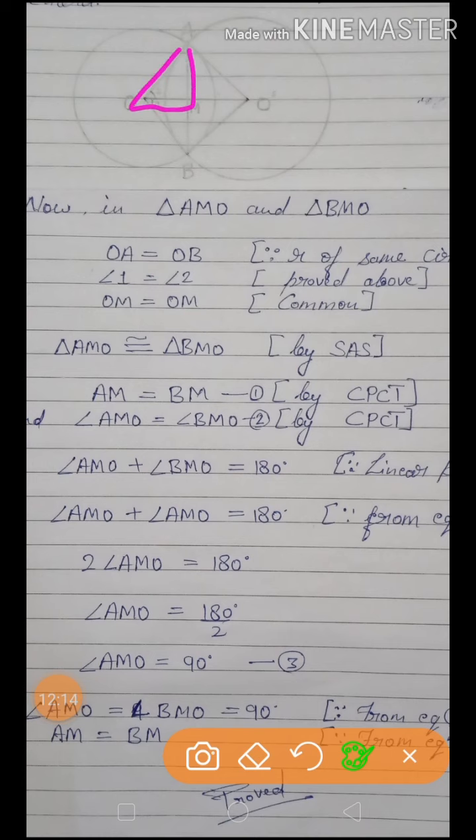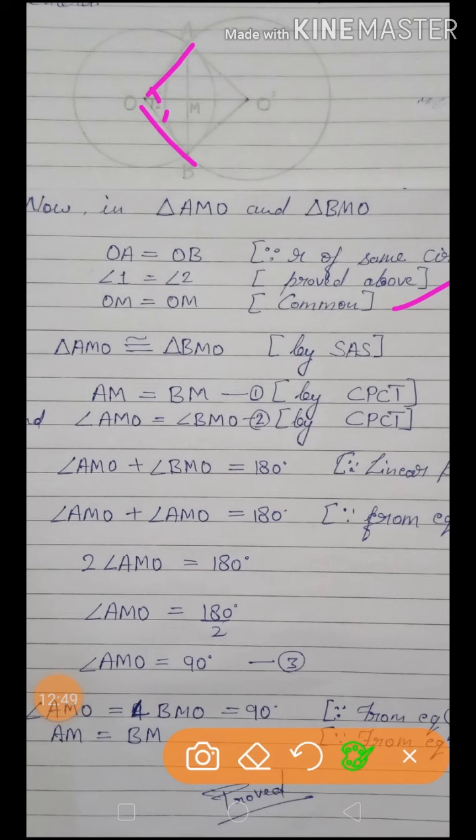In these two triangles, OA and OB are equal, because they are radii of the same circle again, and we have already proved that angle 1 equals angle 2 just before. So you will write proved above. Angle 1 equals angle 2, OA is equal to OB. Two things we have written.